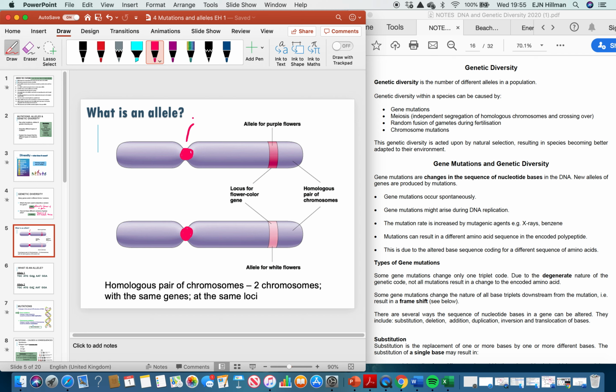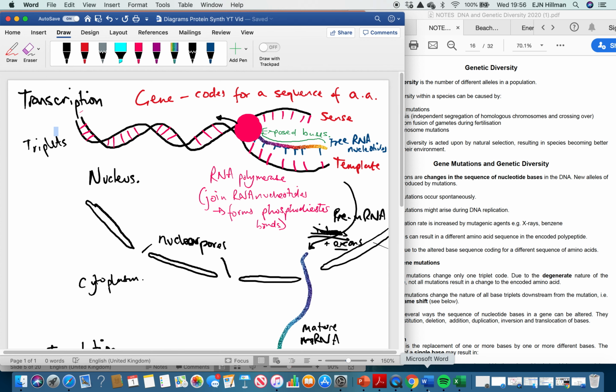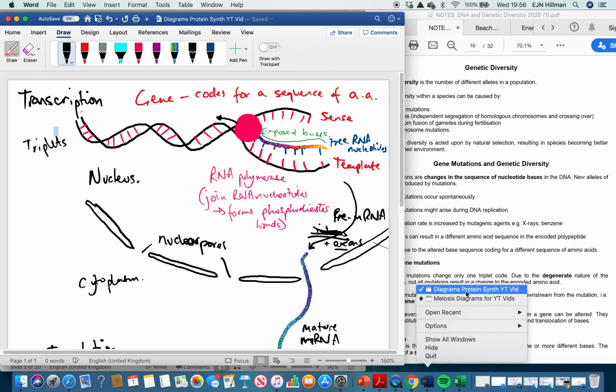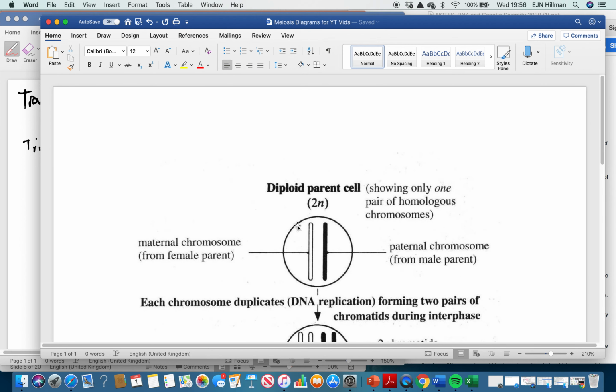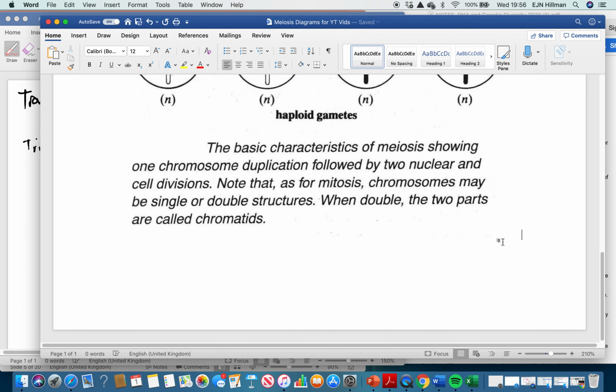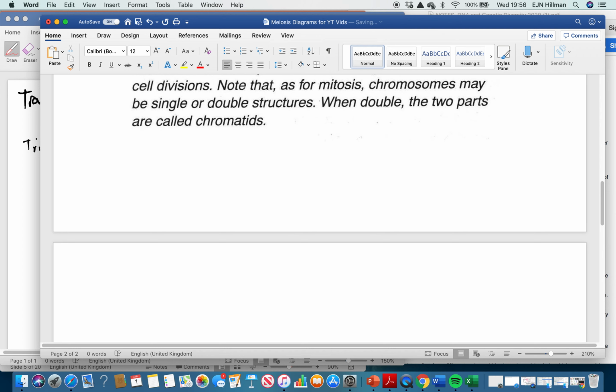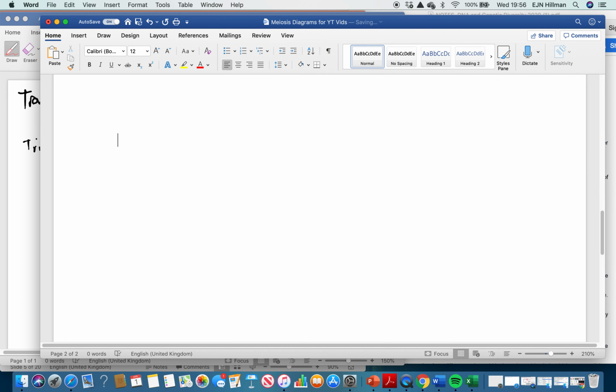So in the chromosome there is a centromere, and a centromere is a complex of proteins that form and help join sister chromatids together after DNA replication.